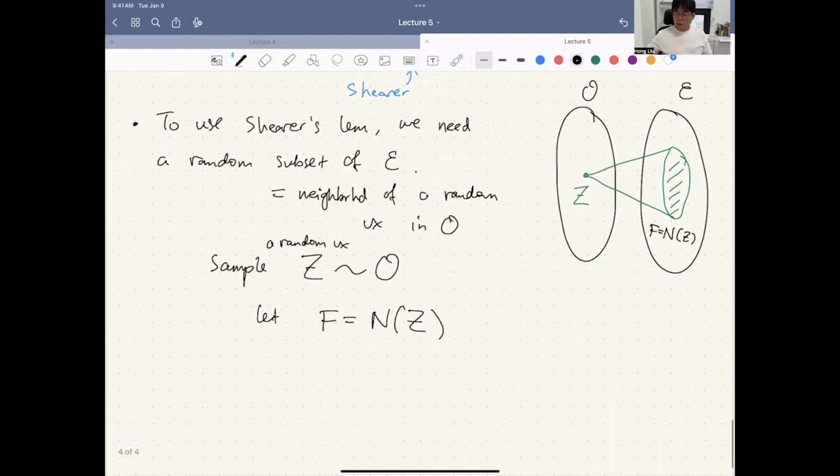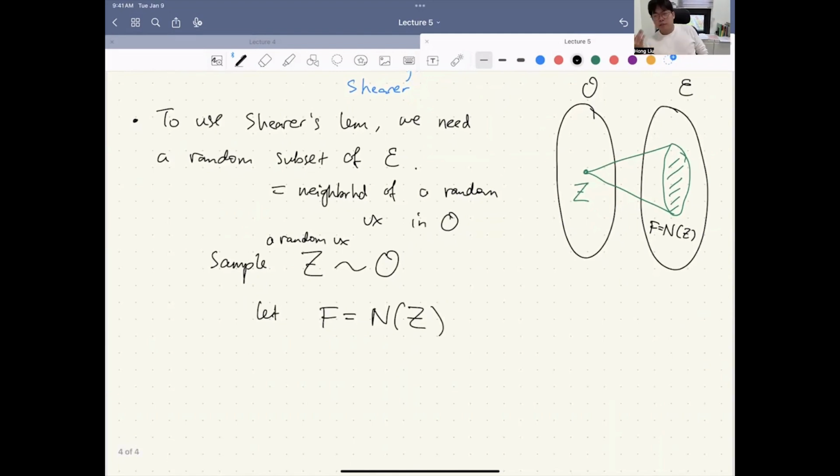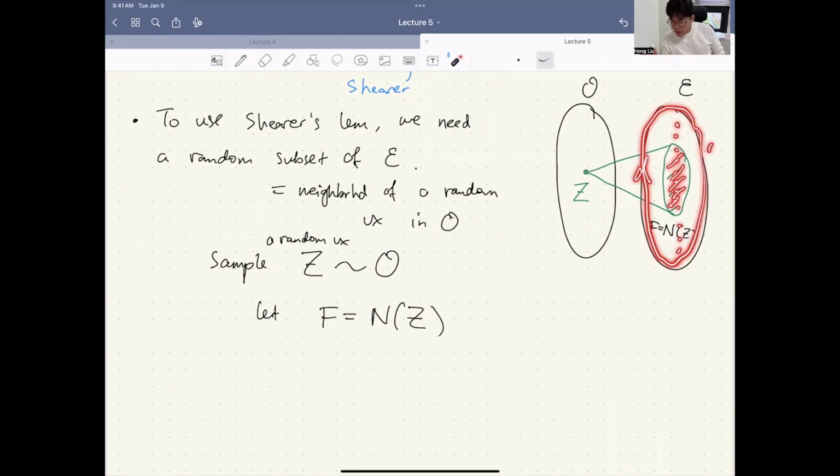Okay. Now we need to estimate the probability that each coordinate is included in F. We know this graph is D regular, so this is of size D, and E is of size n over 2. So the probability, since Z is uniformly chosen, so each vertex is equally likely to be included in this set. The probability is D over n over 2.